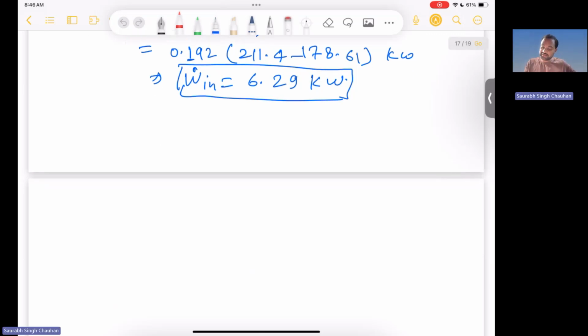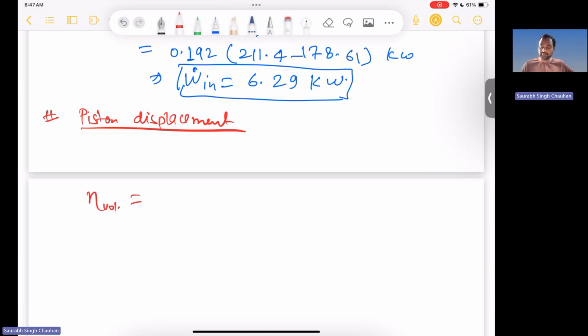And since you have studied air compressors, now you can easily tell how to calculate the piston displacement. You know the volumetric efficiency in terms of clearance volume. It is 1 plus C minus C times (PD by PS) to the power 1 by n.